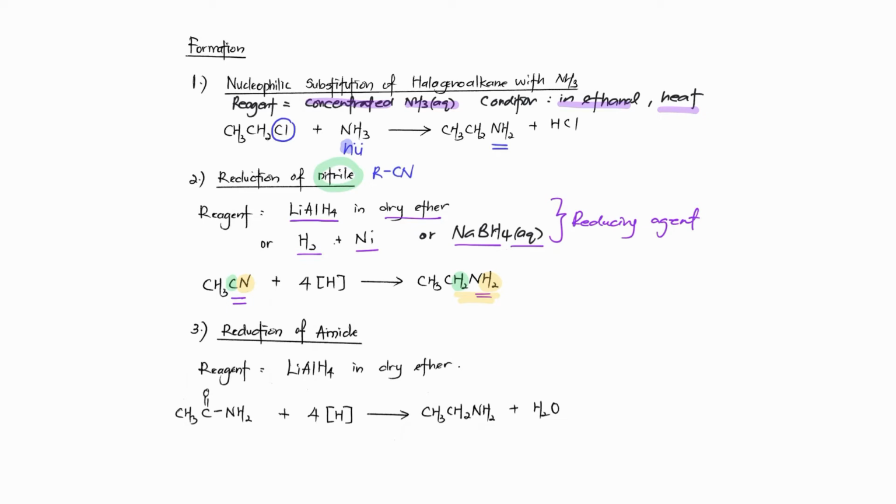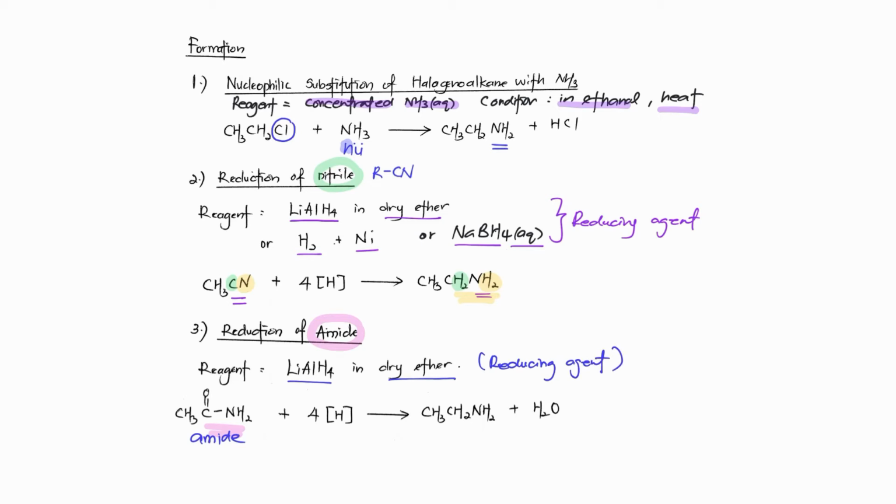The last one is reduction of amide. Amide is a functional group with C double bond O bonded to NH2. Amide could undergo reduction with lithium aluminum hydride in dry ether as the reducing agent.